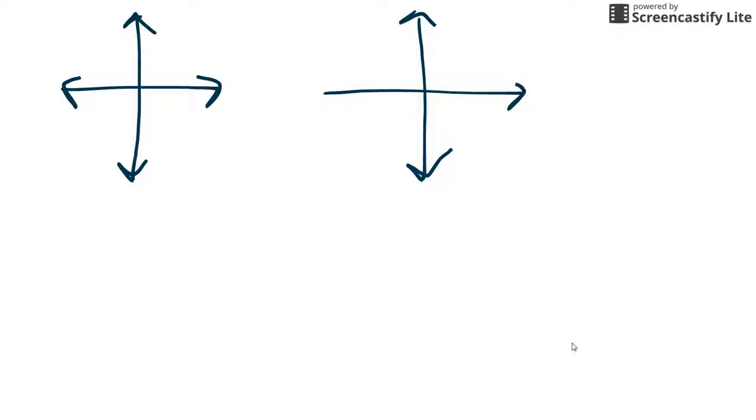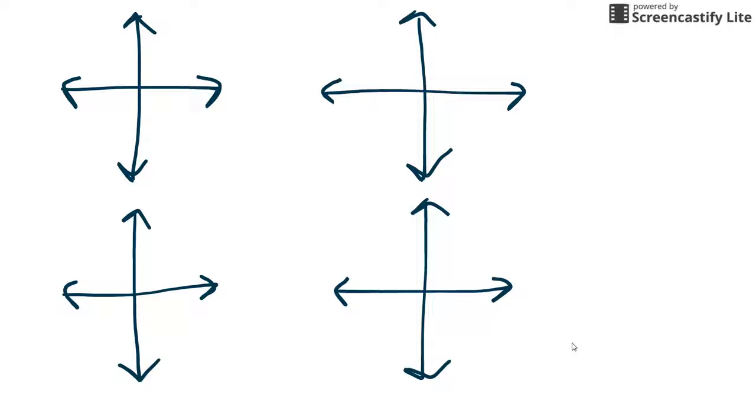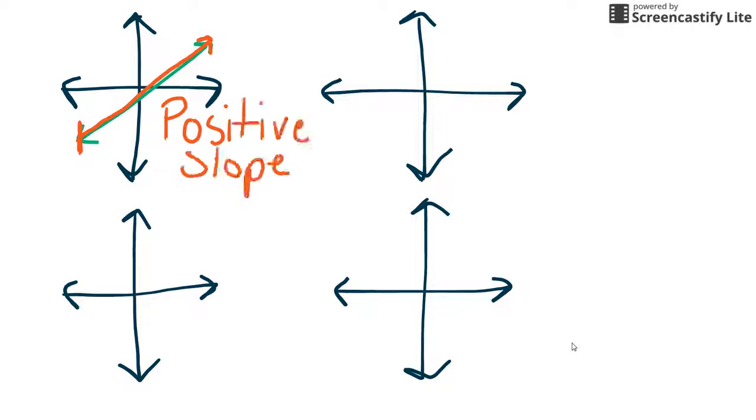So we have 4 types of slope that you're going to see in algebra, and they're not going to change. If I were you, I would just draw yourself these 4 examples. The first slope we have is a positive slope. It means as you read the line from left to right, if I start over here on the left, the line is going up.